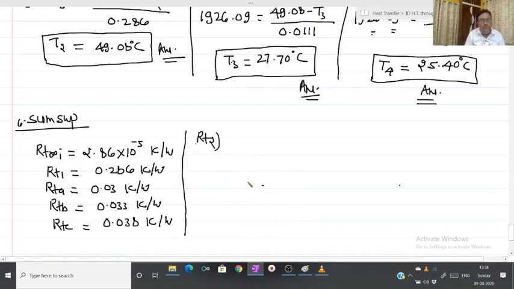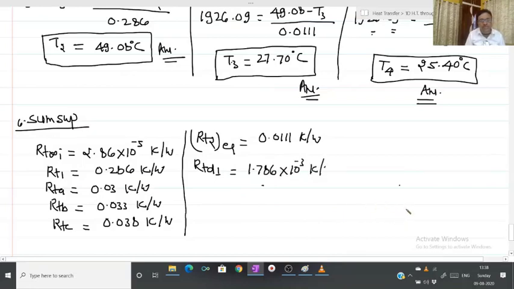RT2 equivalent as 0.0111 Kelvin per watt. RTD1 equal to 1.786 into 10 to power minus 3 Kelvin per watt. RTD2 is equal to 3.57 into 10 to power minus 3 Kelvin per watt.